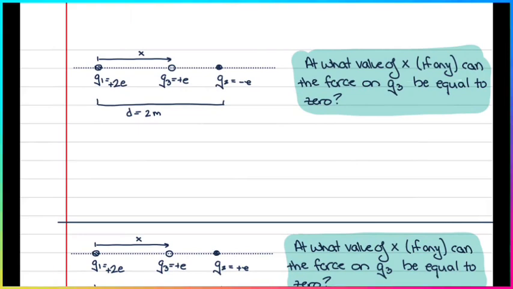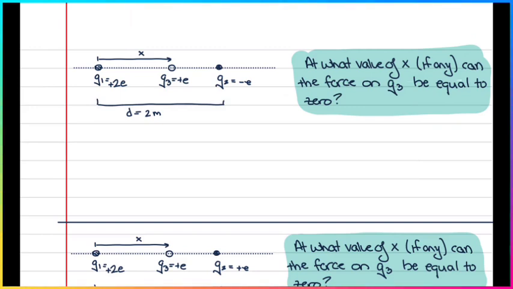Now let's add a third charge. Suppose I have my Q1, 2e, my Q2, negative e, and then I want to put a third charge that has a charge plus e. And now I'm going to have them be separated by 2 meters, just to make the numbers simple.